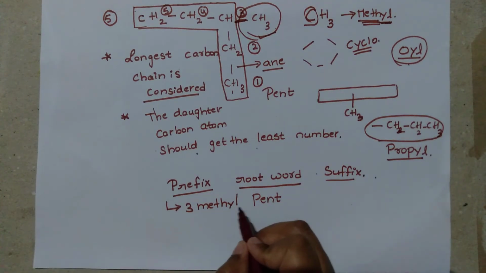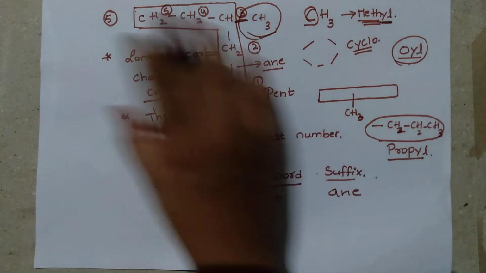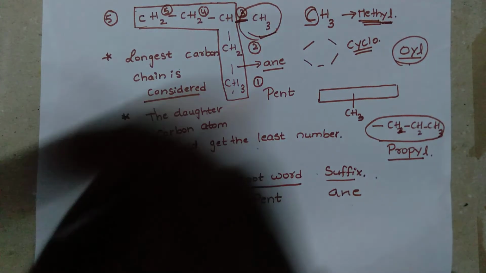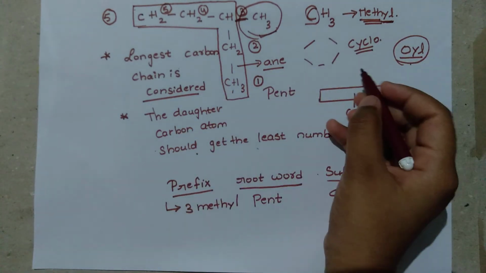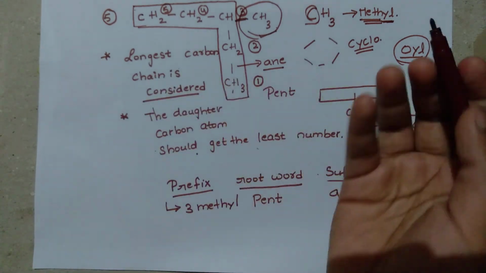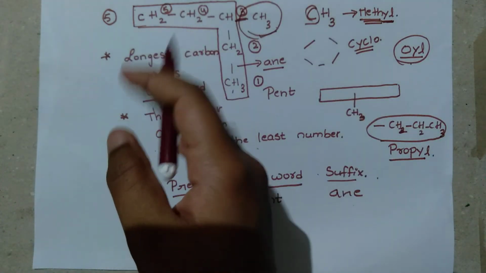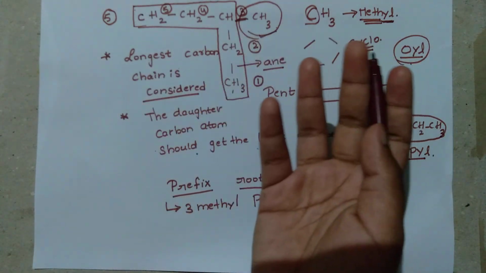So 3-methylpentane is the total compound name of this. I hope you understand very well. In the next class, let us go on to more complicated structures, like cyclobutane, neopentane, isopentane, everything like this. So let us learn in our next classes.